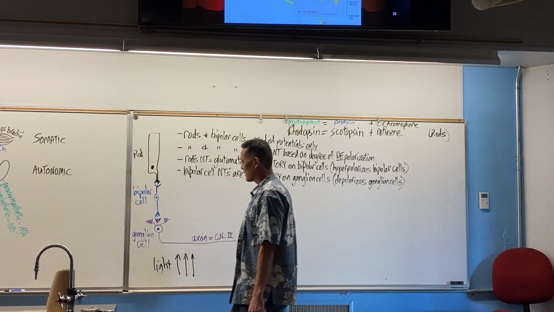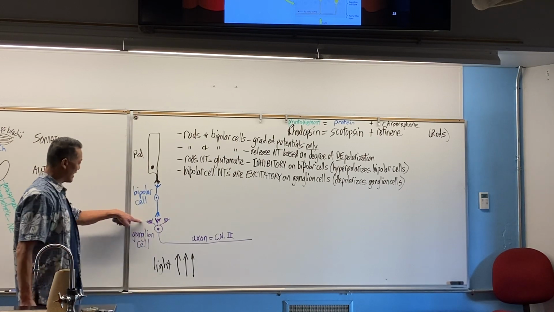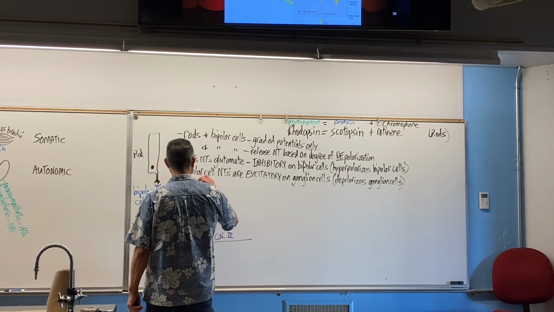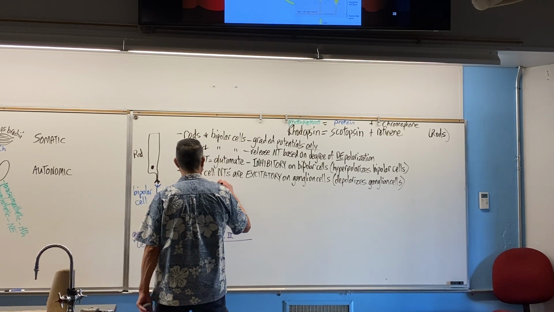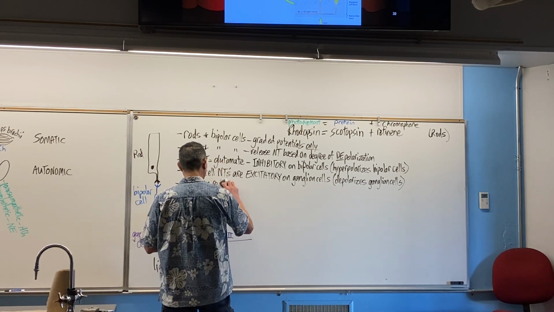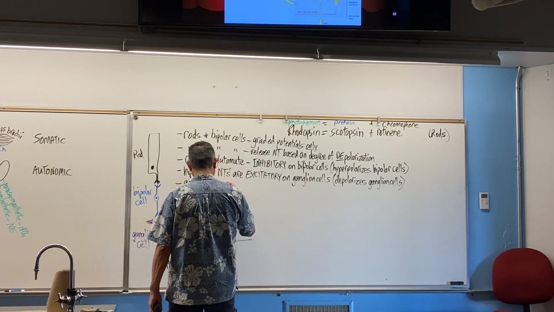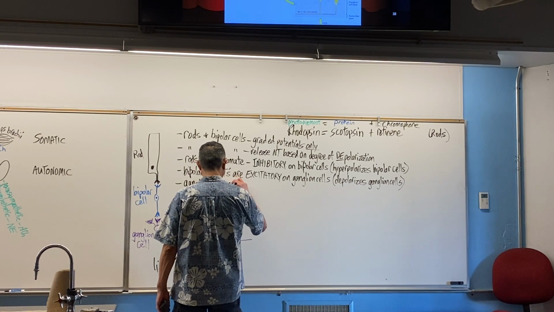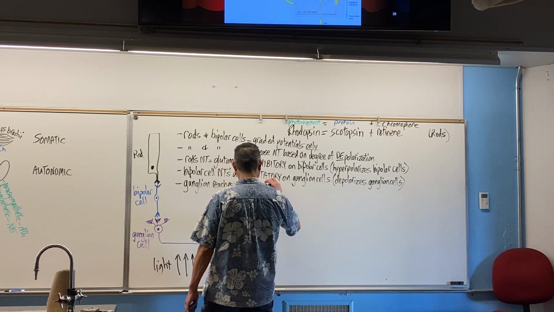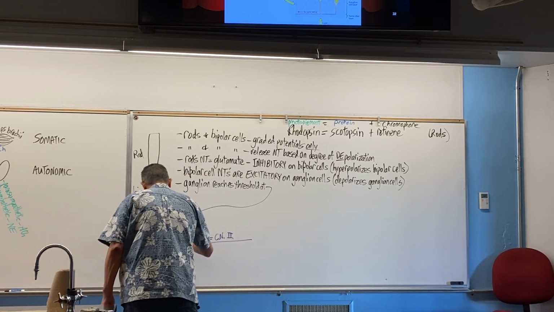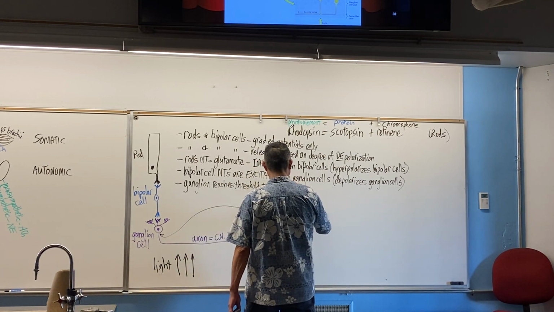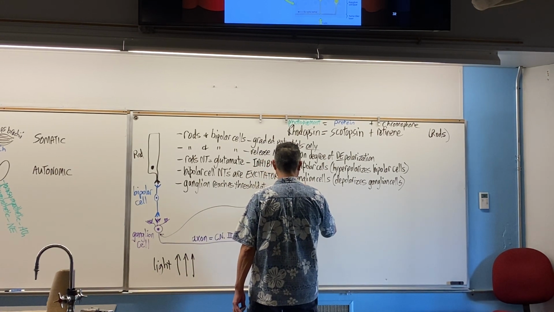But the bipolar cell's neurotransmitters depolarize the ganglion cell, and the ganglion cell, if it reaches threshold at the axon hillock, will fire the action potential.